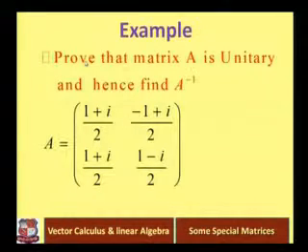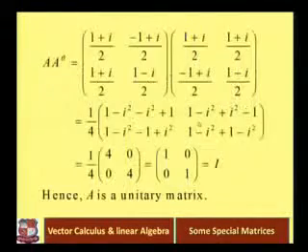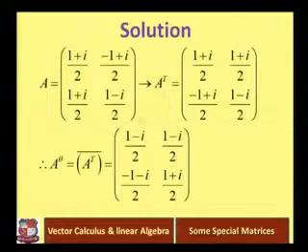Let us take an example for that, and first of all find its transpose conjugate, that is A theta. By this, A theta is the resultant matrix with entries 1 minus i, 1 plus i, 1 minus i by 2, minus 1 minus i by 2, 1 plus i by 2.